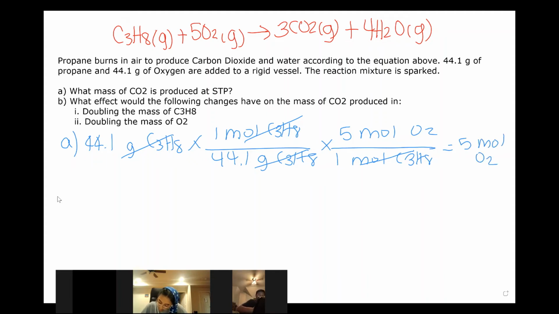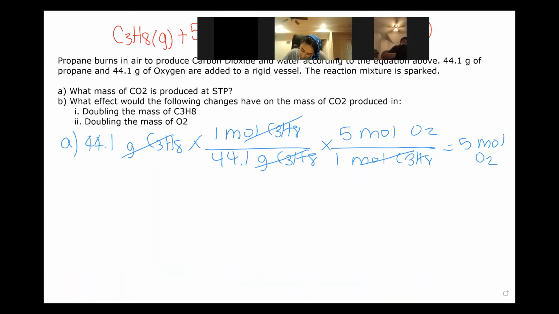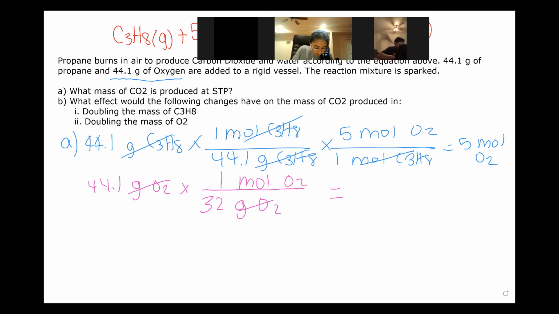Let's figure out how much O2 we have right now. It says that we have 44.1 grams of O2. So 44.1 grams of O2 times, what's the molar mass of O2? 16 times 2, 32 grams of O2 per 1 mole of O2. 44 divided by 32 is approximately 1.4 moles.